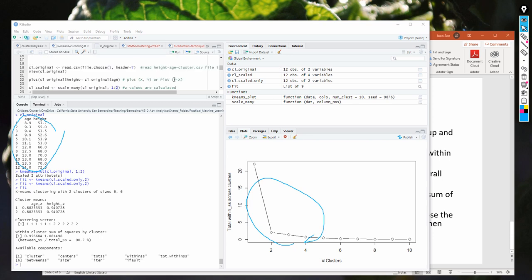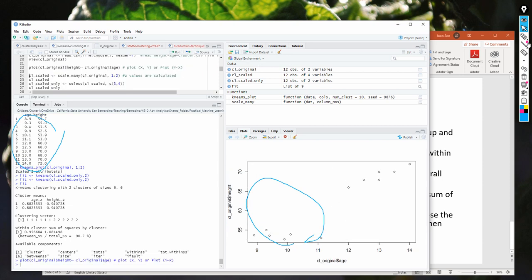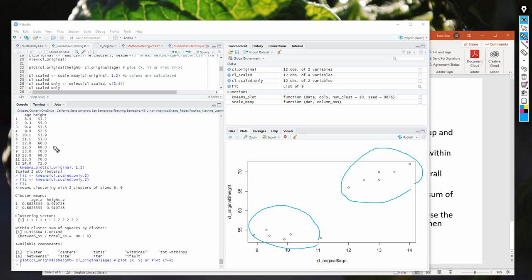Let's just plot this and run it. So we have 2 clusters, age and height. I want you to look at the result. The analysis result could be a little different depending on the programming language, but the concept is pretty much the same.